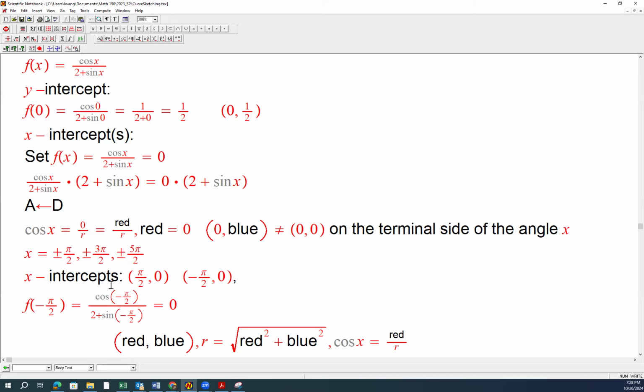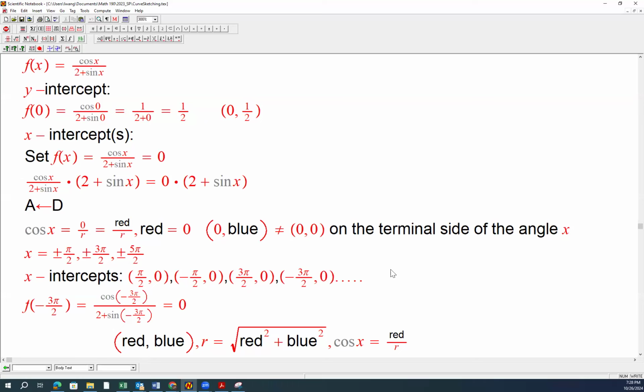So this list will keep going. Say if you have negative 3 pi over 2, the numerator is going to be 0, denominator is not, so you still get 0. So we have many x-intercepts. Those x-intercepts will look like these, and the list keeps going. So 3 pi over 2, negative 3 pi over 2, the list just keeps going.